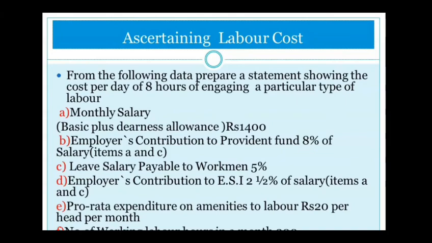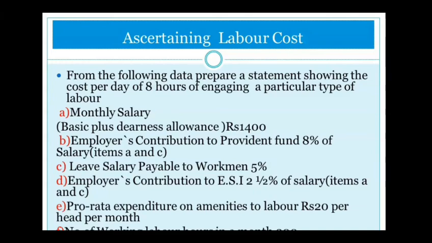Now let me see one problem on how to ascertain the labor cost. From the following data, prepare a statement showing the cost per day of 8 hours of engaging a particular type of labor. It was given that the monthly salary, basic plus DA allowances, is rupees 1400. The employee's contribution to Provident Fund is 8% of salary.